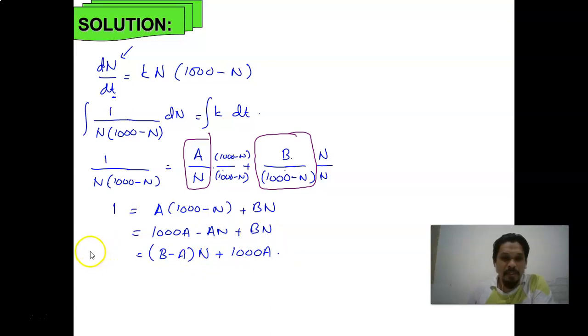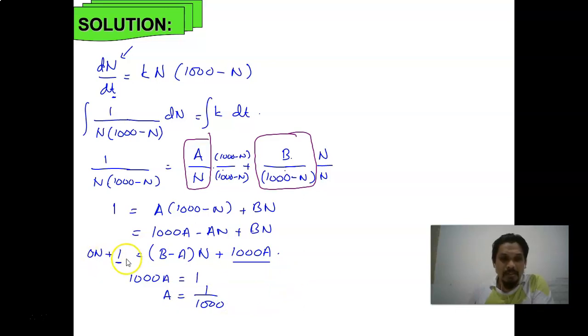So here we come up with 0 multiplied with n plus 1. It means that we compare this 1 with 1000A. 1000A equals 1, then A equals 1 over 1000.